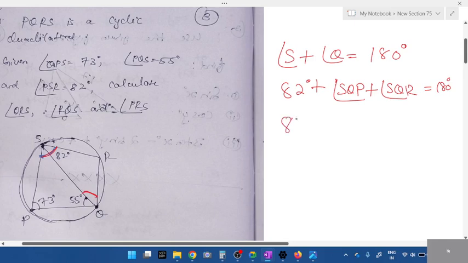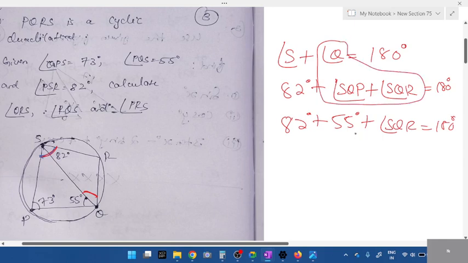So angle S is 82, angle SQP is 55, plus angle SQR is 180. See, I've just written this in two parts. Observe this. Forget about this angle. I'm just discussing how to find all the angles.